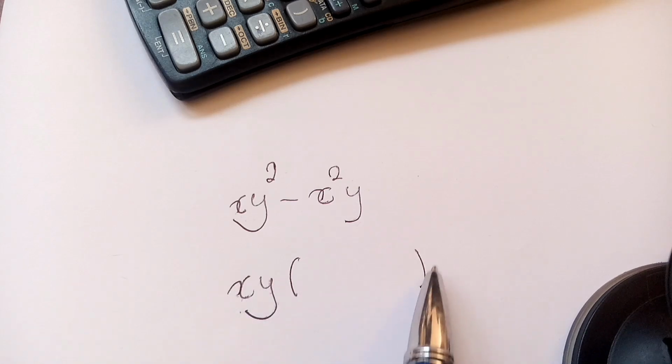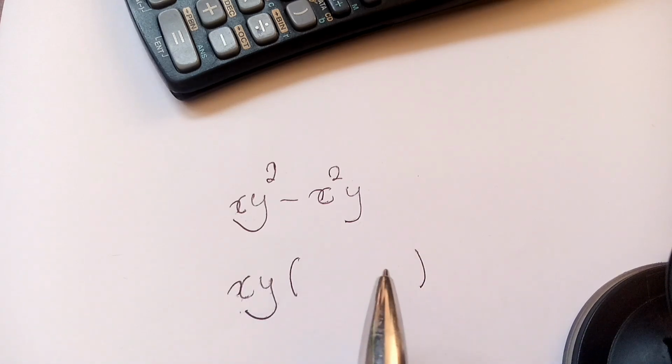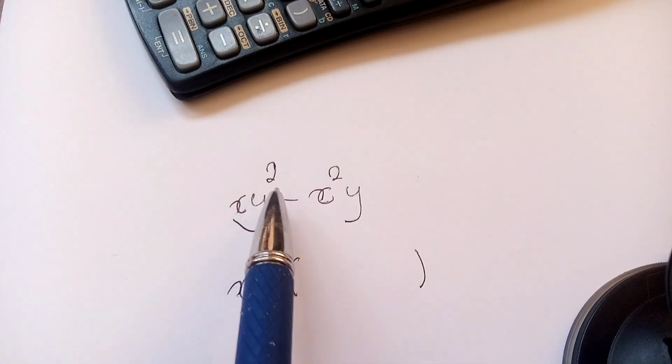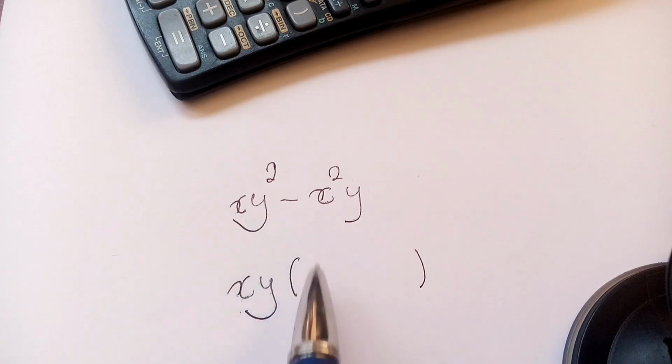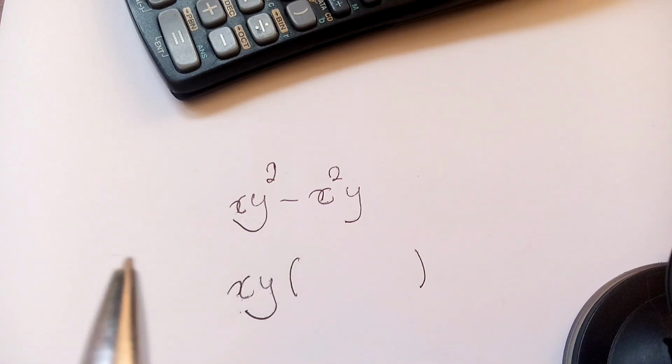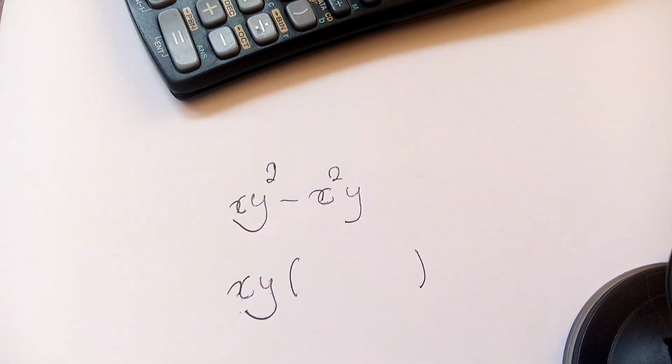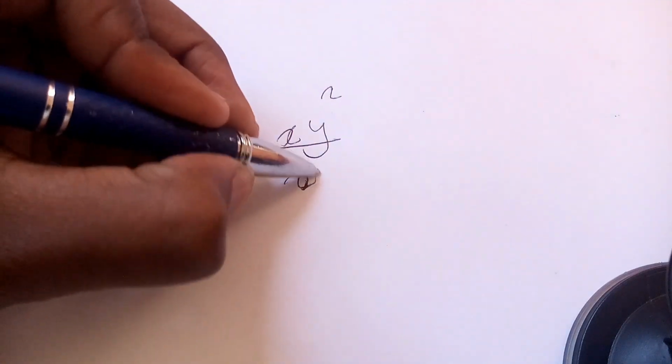Now what we put inside the brackets: we say xy into xy squared. So xy into xy squared is y. What I mean by xy into xy squared is just the same as xy squared over xy.